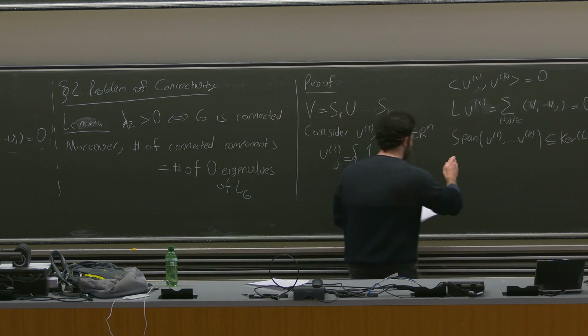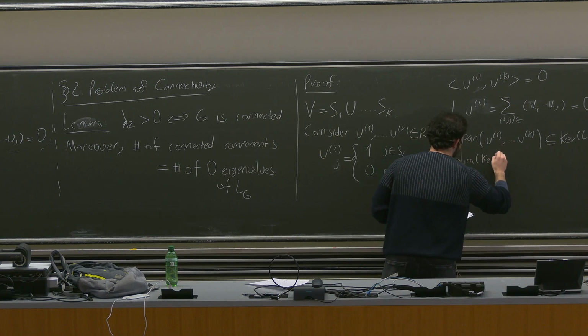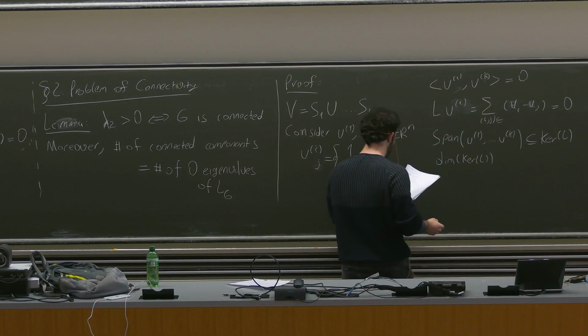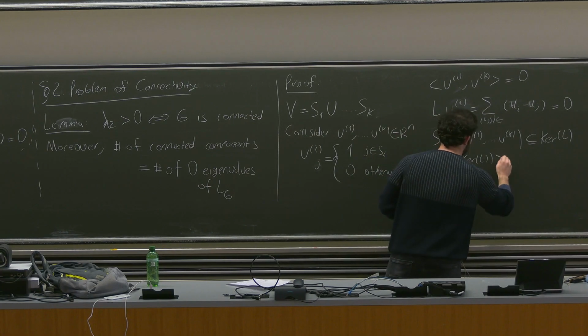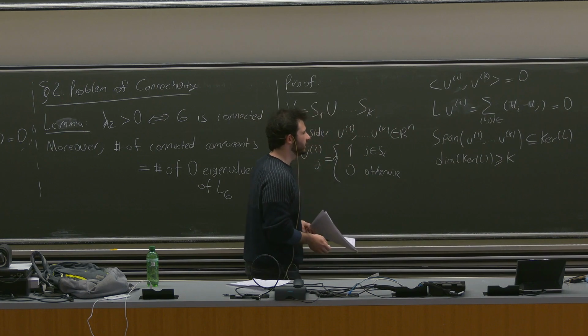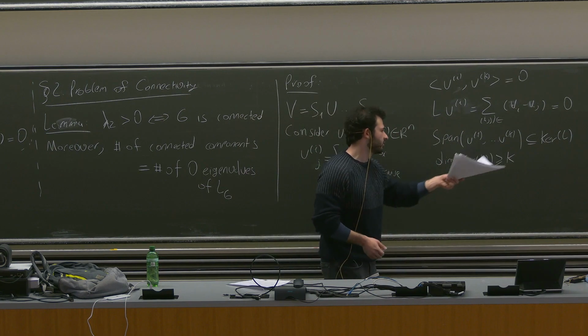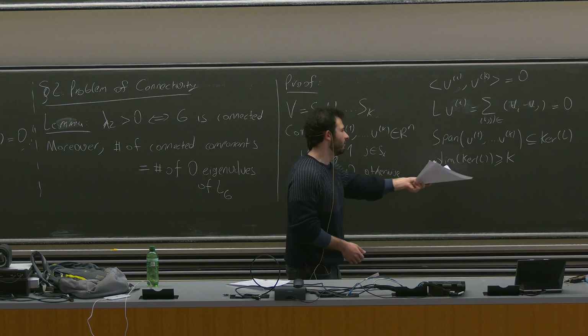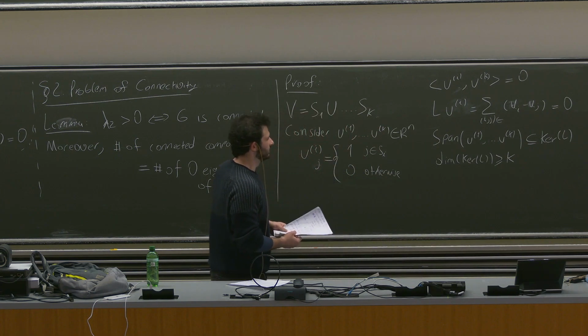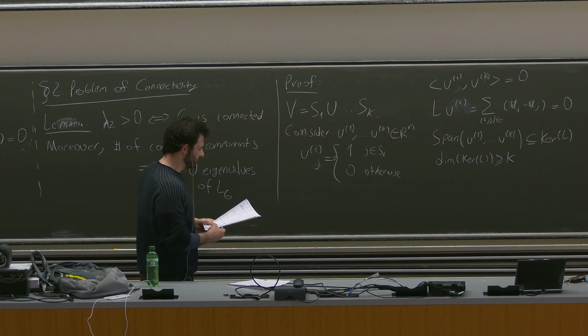This means that the dimension of the kernel of L is larger than or equal to k. This span has dimension k, and it is a subset of the kernel, so the kernel should have at least dimension k.